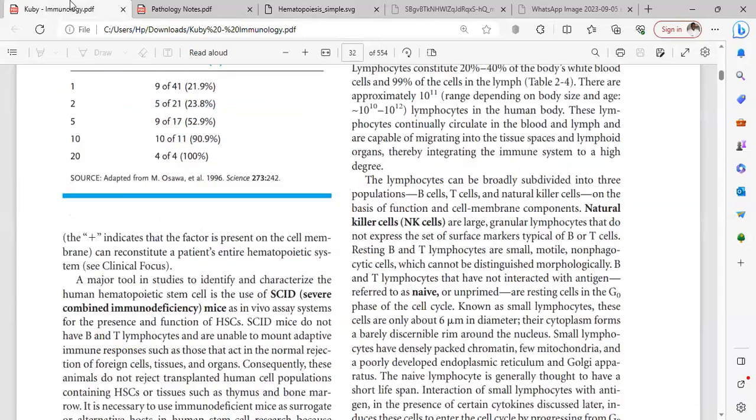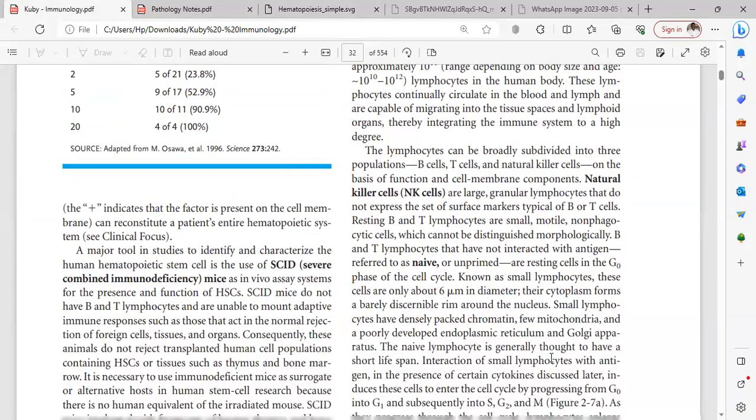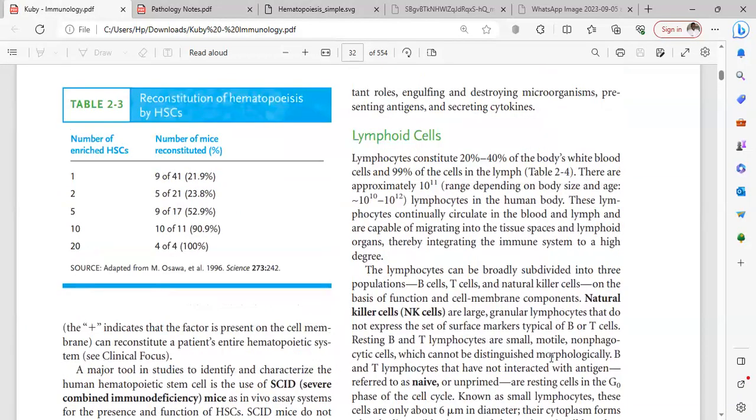Lymphoid cells are basically subdivided into three categories. We have the natural killer cells, we have the B lymphocytes, and the T lymphocytes. So lymphocyte is a collection of three different categories of cells: the B lymphocytes, T lymphocytes, and the natural killer cells.